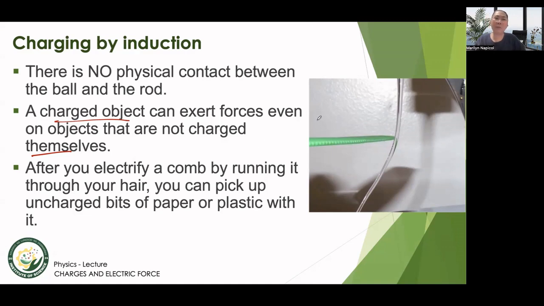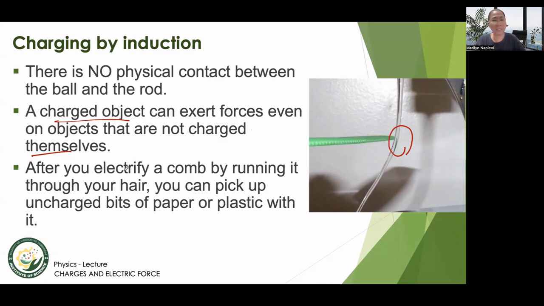And then, after siguro mga 5 minutes, in that case, we can assume na naging charged na yung comb natin. Ilapit nyo siya sa gripo, and then buksan nyo yung gripo, and then observe the flow of the water there. Pag nilapit nyo po siya doon sa stream of water, mapapansin nyo, parang gumagalaw yung water. Na-attract siya doon sa suklay. Okay? So, mas maganda kung mas manipis yung stream of water kasi mas clearly observe po siya.